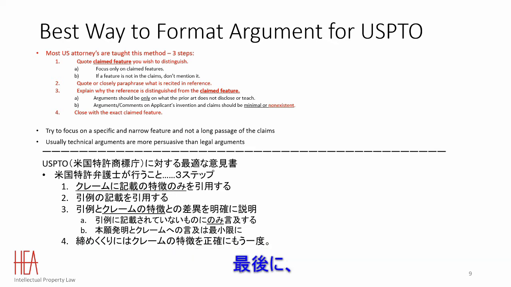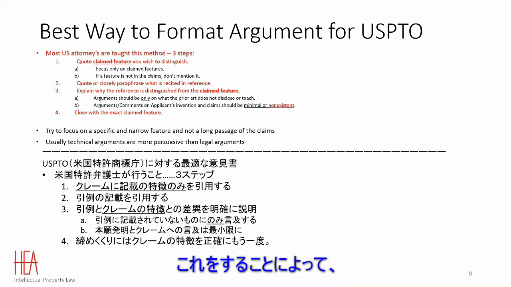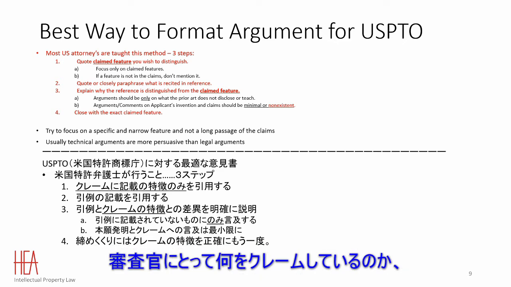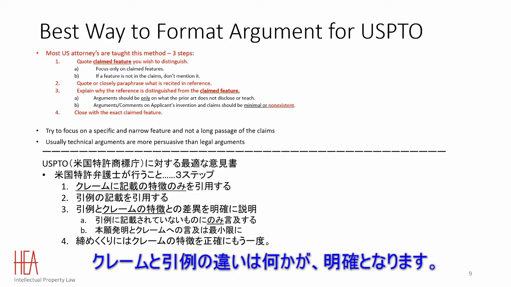And then finally, the third step is we're going to explain to the examiner the difference between the quoted claim language and the quoted prior art. This will avoid any superfluous or unnecessary discussion of claim features or discussion of the cited art. It's very clear to the examiner what is claimed, what the reference says, and then what the difference is.